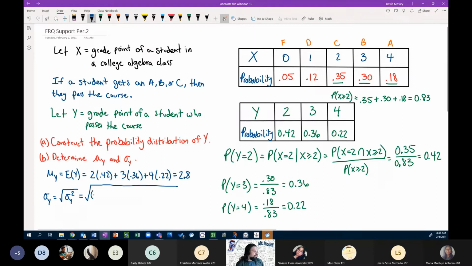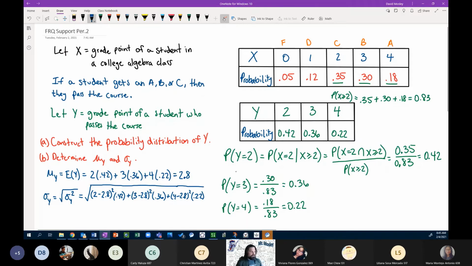And for that, we get each outcome minus the mean squared times the probability of that outcome, plus 3 minus 2.8 squared times 0.36 plus 4 minus 2.8 squared times 0.22. All of that is under our square root sign.